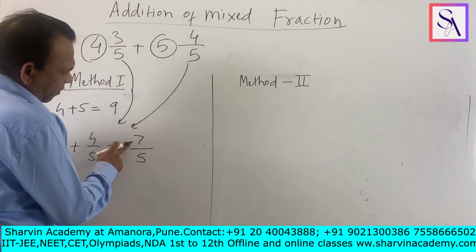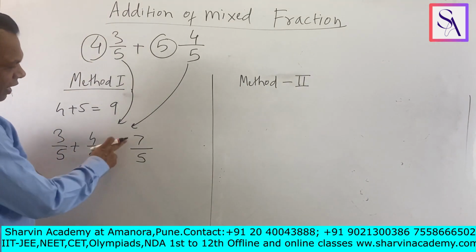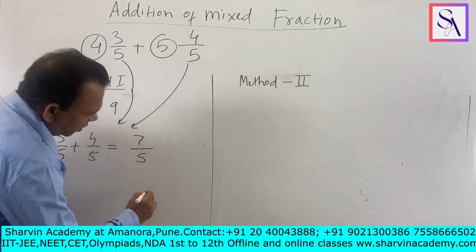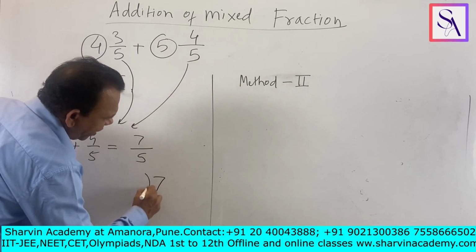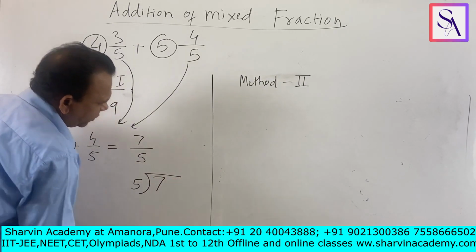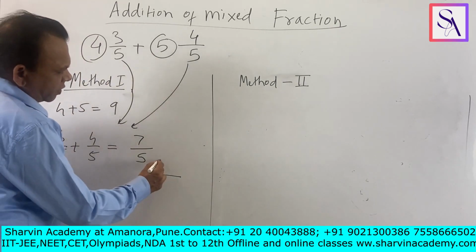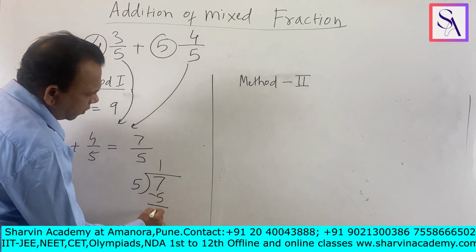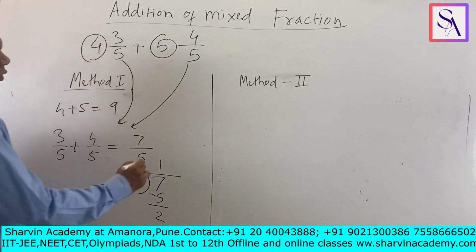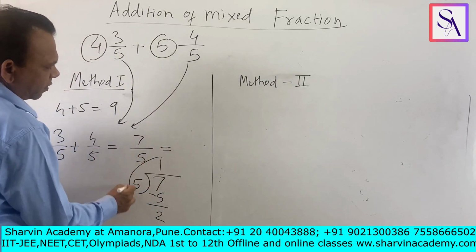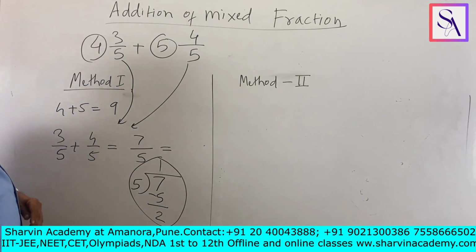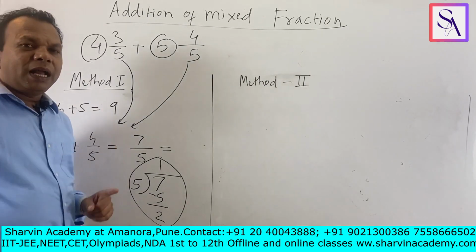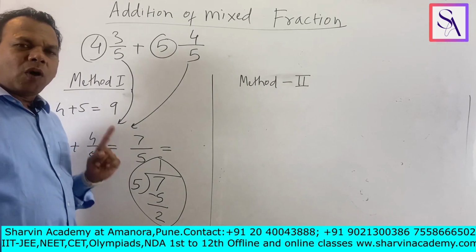Now this 7 by 5 is an improper fraction. We can convert this into a mixed fraction as well. So how to convert? 7 divided by 5. 5 ones are 5, 2 balance. So how to write this in terms of a mixed fraction? Remember, queen riding upon donkey.